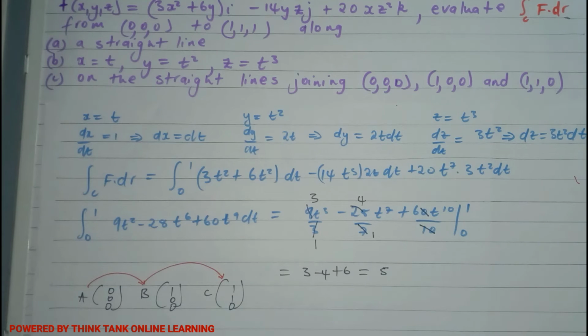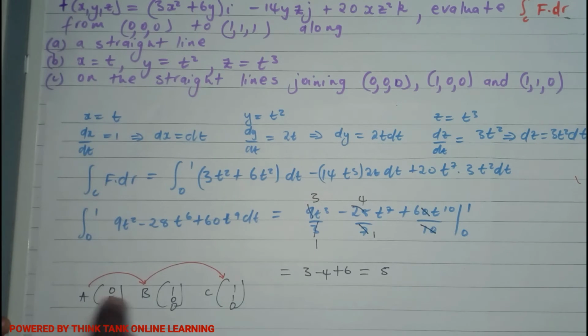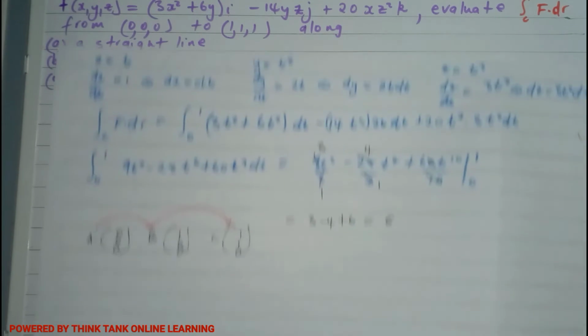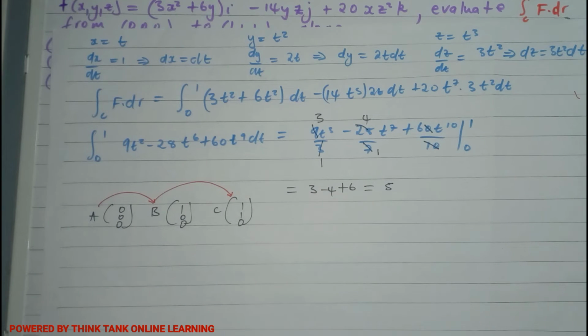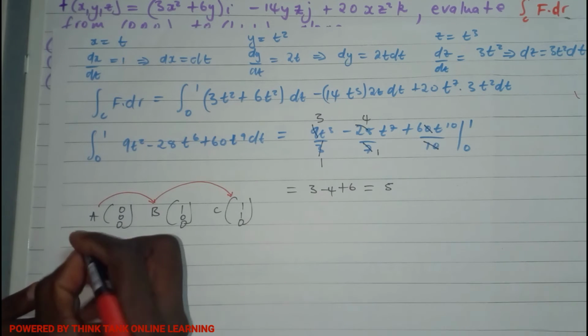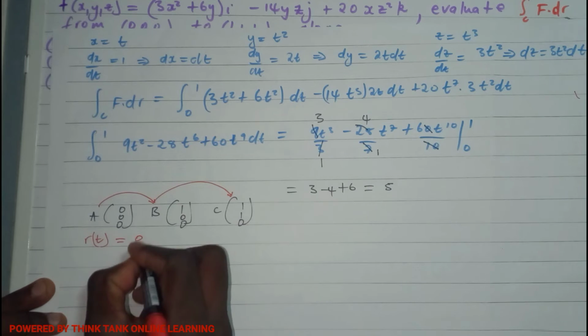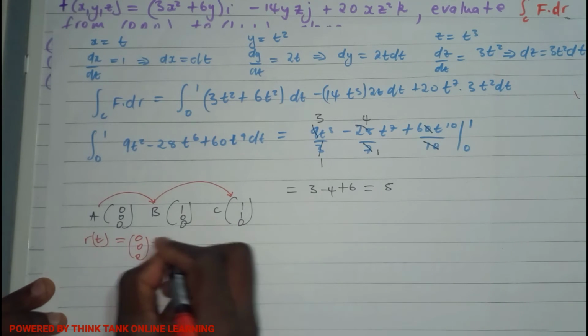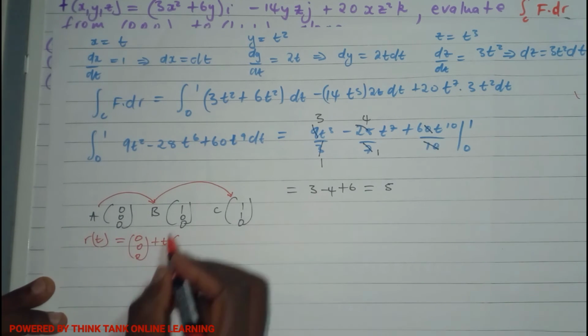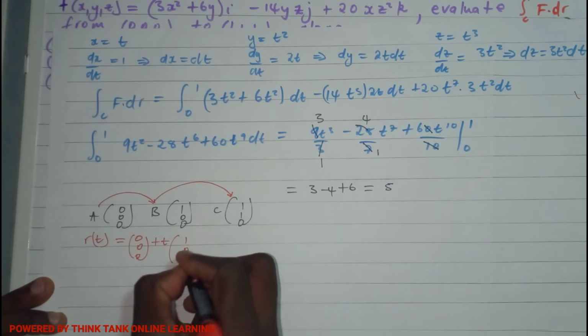I think you need to master this because it is going to help you when you evaluate Stokes' theorem. So now we're going to find the parametric equation from a to b. From a to b, you're going to say r(t) is equal to (0, 0, 0) plus t times AB, which is b minus a, and we're going to have (1, 0, 0).